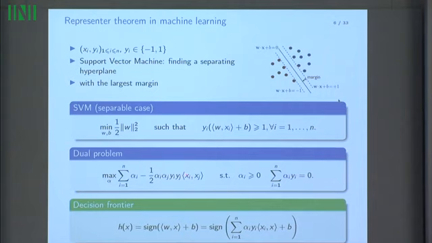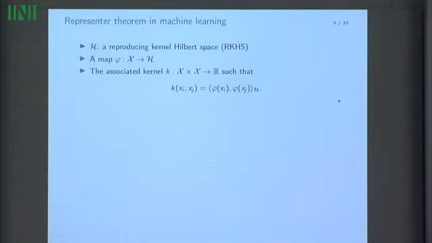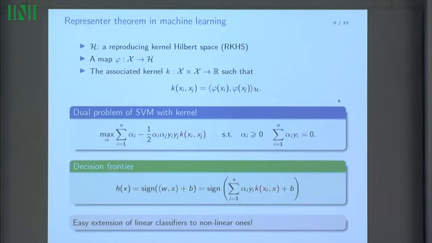And it means that I can really translate these dual problems in the RKHS using this kernel here, because this one is really easy to compute in practice on a computer. Okay, and again, I can say that the decision frontier now will be written as the sign of a finite sum of some functions given by the kernel, okay? So it's really an easy way to extend linear classifiers to nonlinear ones.